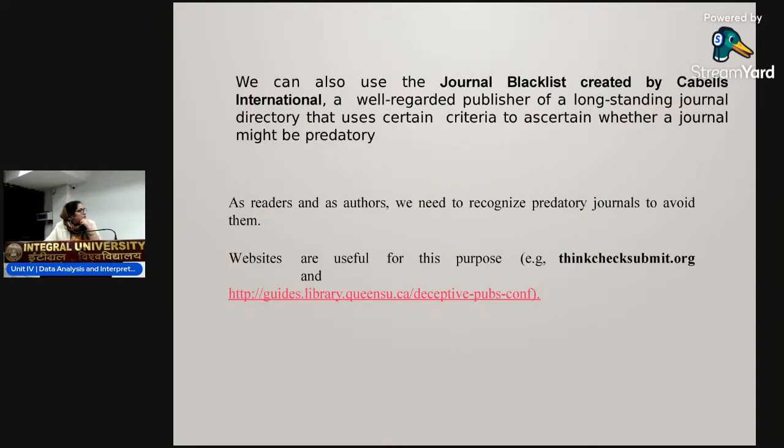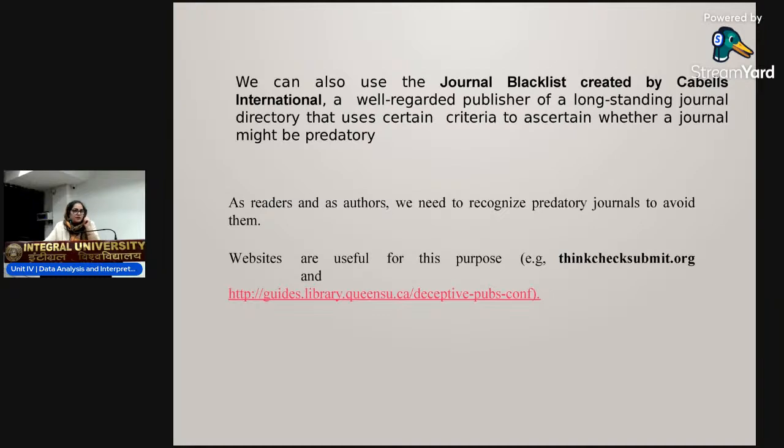You can also use the journal blacklist created by Cabell's International. This is the journal blacklist. Where would you find blacklisted journals? Cabell's list. As readers and as authors, we need to recognize predatory journals to avoid them. So you can use three lists: Beale's list, Cabell's list, and this third site, thinkchecksubmit.org.